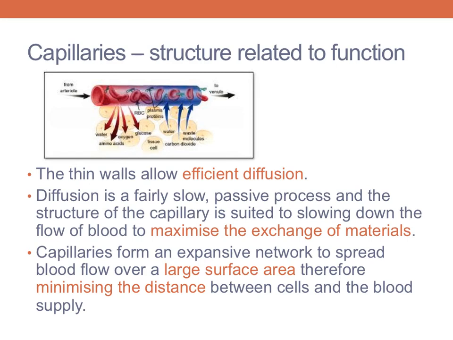Capillaries form an expansive network, so you've got a huge surface area which minimizes the distance between cells and the blood supply. So the fact that they're very small, thin-walled and organized in an expansive network are all structures that are related to their functions.